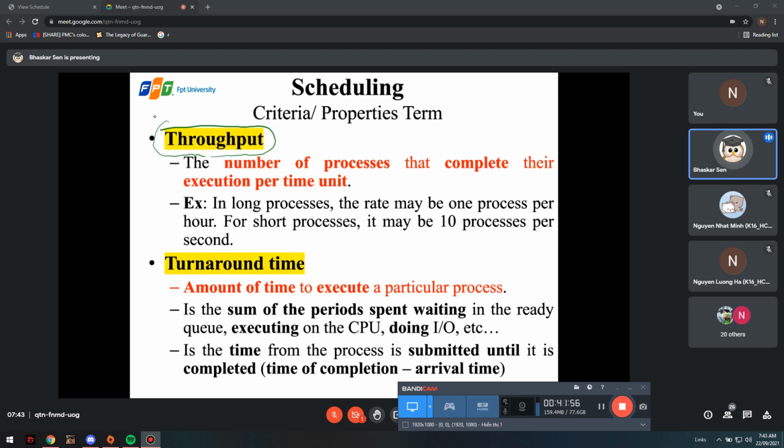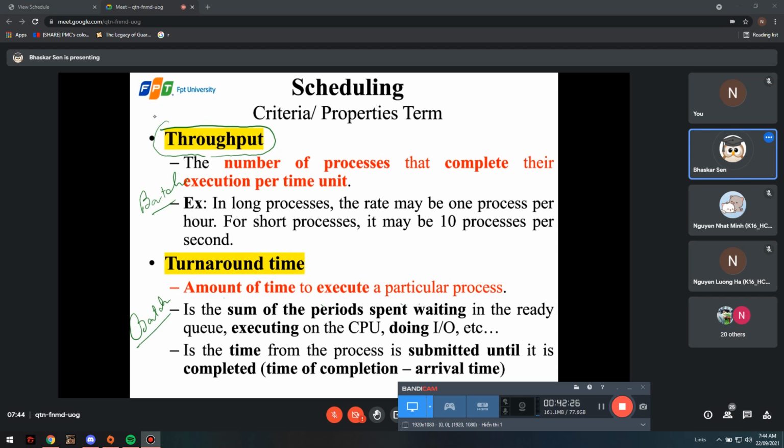The number of processes that complete their execution per unit time. Throughput is one of the most common criteria we use to judge the batch category algorithms. Okay. Turnaround time, amount of time to execute a particular process, that too applies to batch.